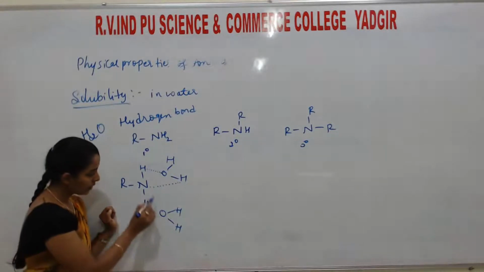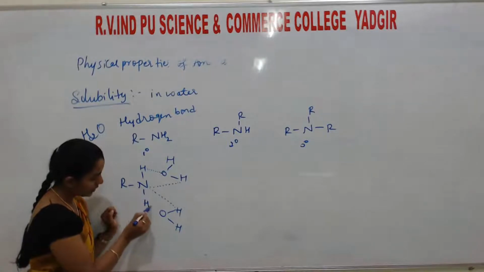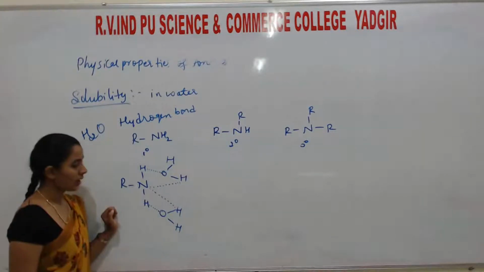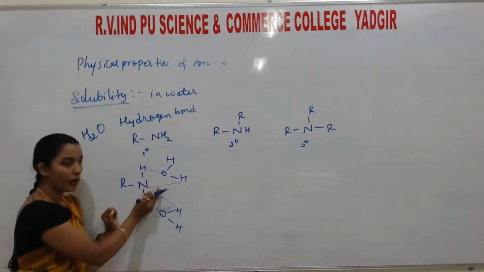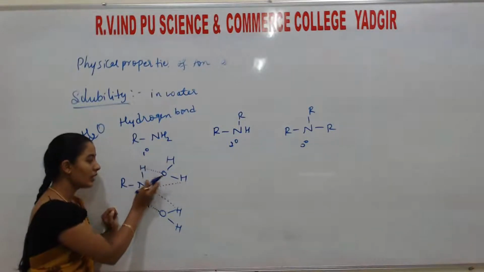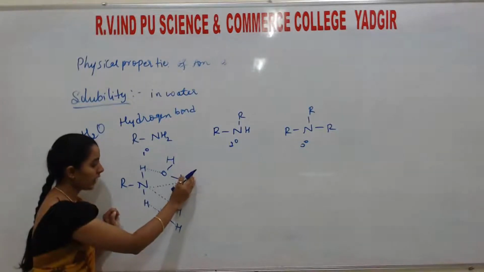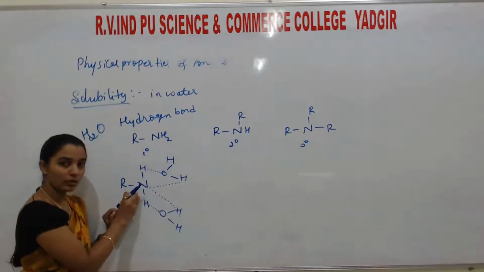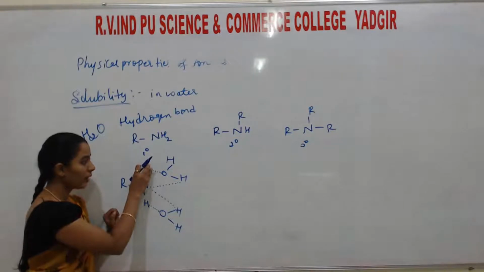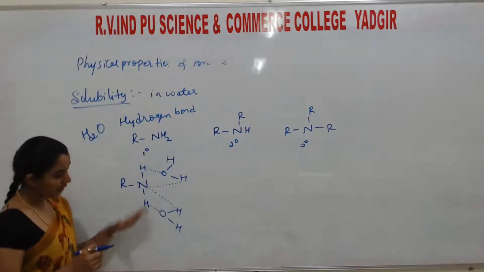Again here, this one forms a bond with this hydrogen and this oxygen forms a bond with this hydrogen. This type of bond is the force of attraction exerted between hydrogen and a highly electronegative atom: hydrogen atom of water with nitrogen of the amine, and hydrogen atom of the amine with oxygen. So this is hydrogen bond.